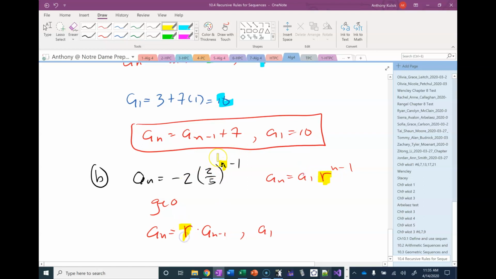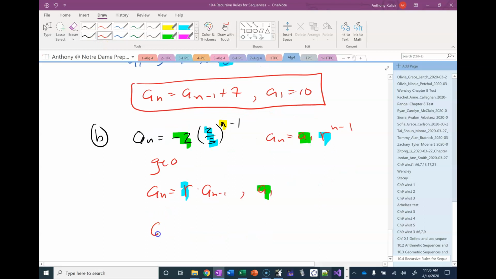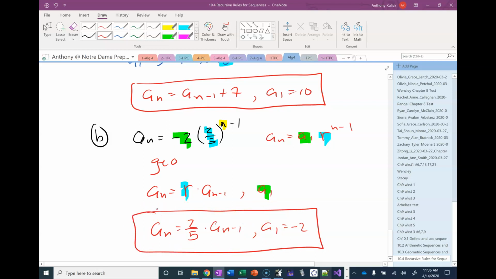To find r, I know it's just that, the base of my exponential. That's easy. And then to find a1, that's just that, my coefficient. So I have everything I need. I don't have to do a thing. It's going to be 2/5 times the previous term, where the first term is -2. And I'm done.